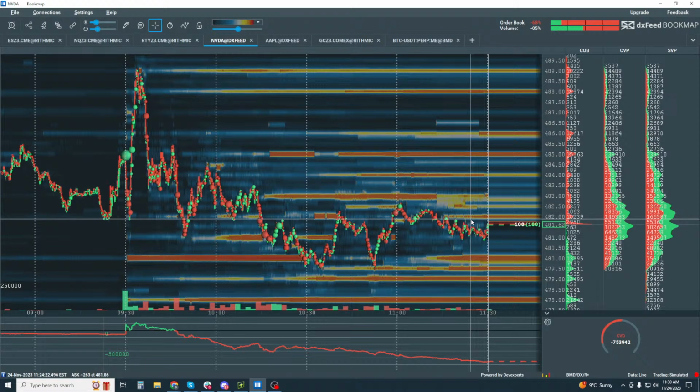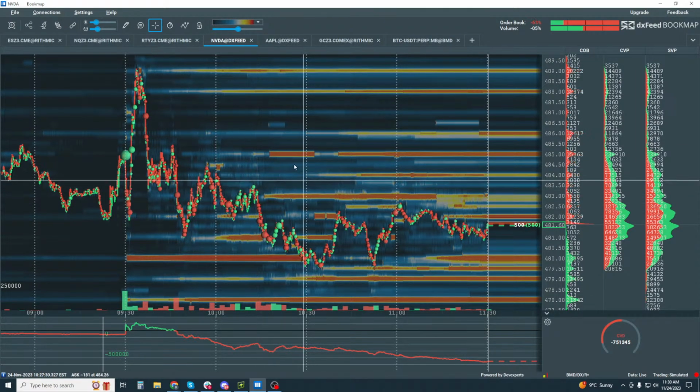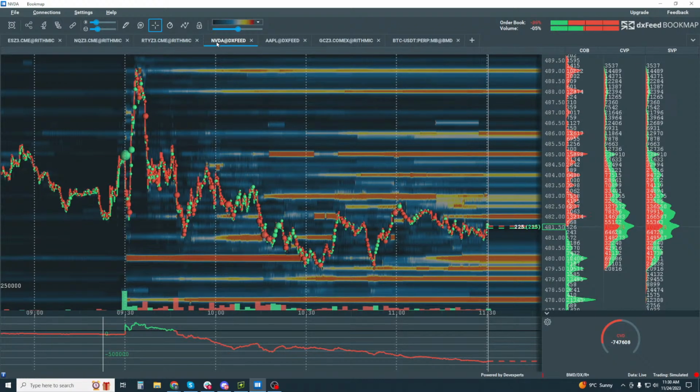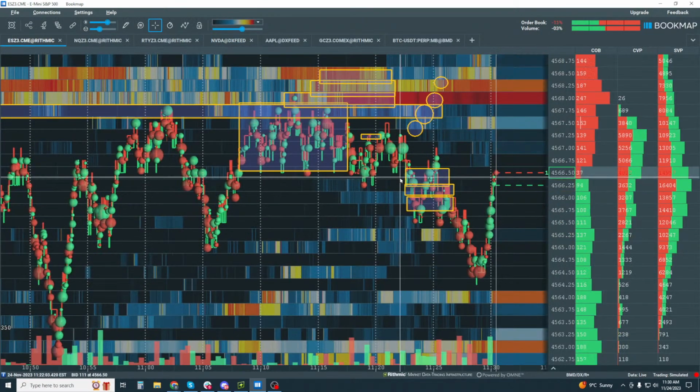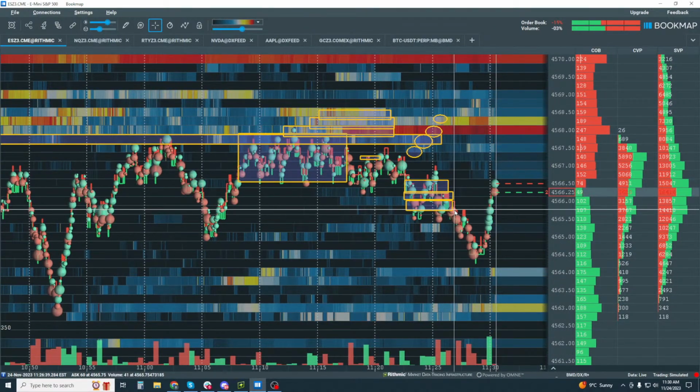There can be unlimited contracts in futures. Unless the company offers more shares, that's something different. But in the futures market, there's open interest, and new contracts are created all the time.